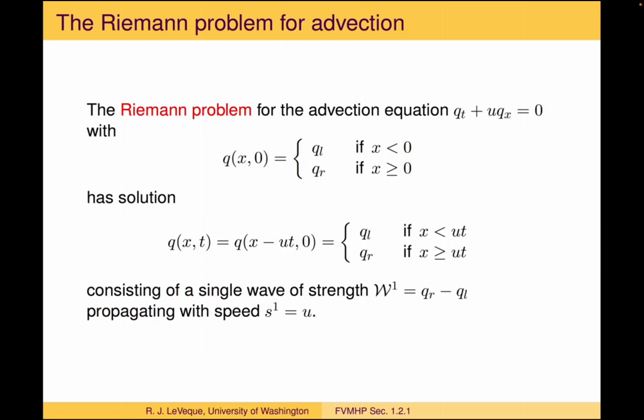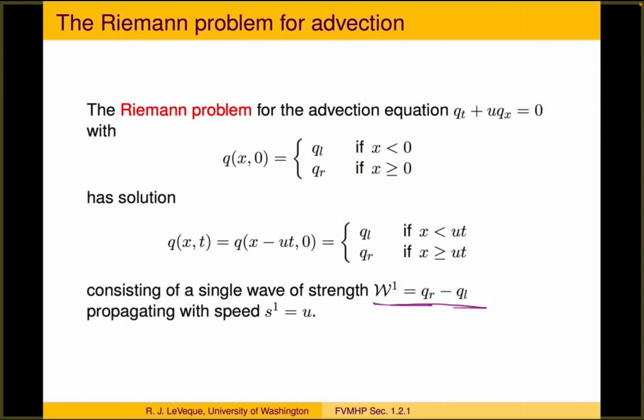And in terms of the numerical methods that we'll be looking at later in particular, it's often very useful to think of this as a wave, a single wave that's coming out of this Riemann problem, and I'll use these script w's for the waves. In the case of the scalar advection equation, there's only a single wave, which has a jump across it that's equal to the jump qr minus ql, and it propagates with speed s1 equals u.